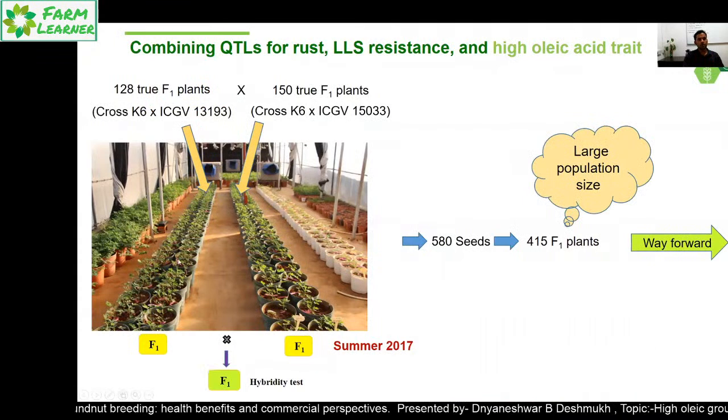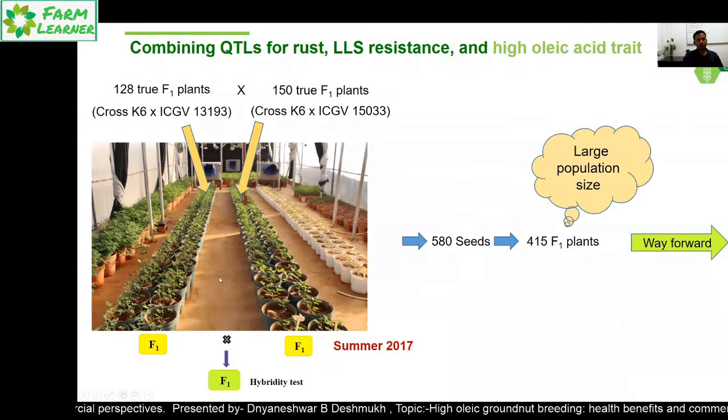Once we got the F1s from the foliar disease resistance cross, that is late leaf spot and rust, and the F1s from the high oleic cross, we intercrossed these two to get F1s with both the traits.